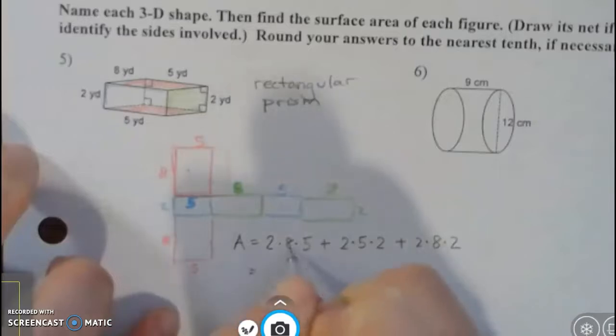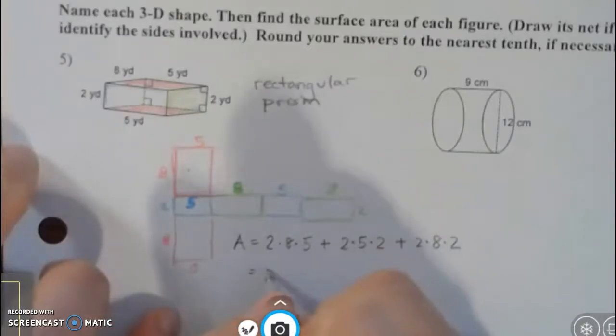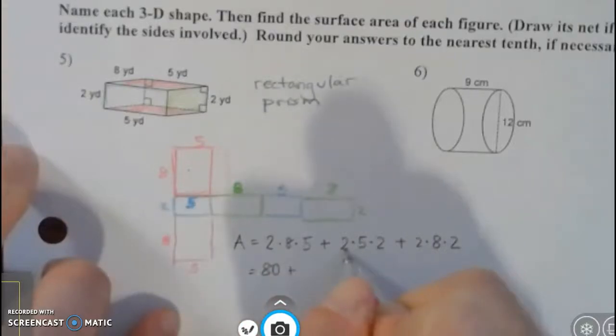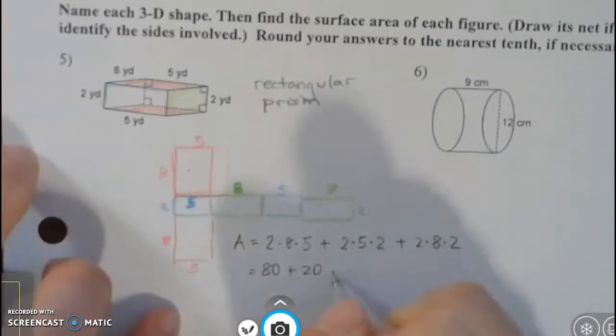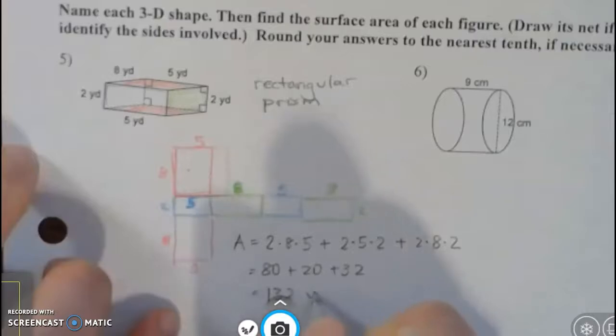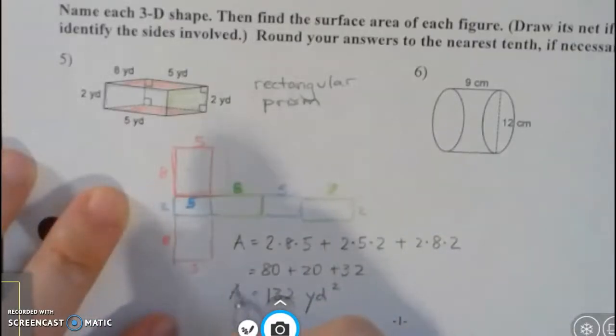And that comes to 8 times 5 is 40, times 2 is 80, plus 5 times 2 is 10, times 2 is 20, plus 8 times 2 is 16, times 2 is 32. That leaves me with 132 yards squared. So that's my area.